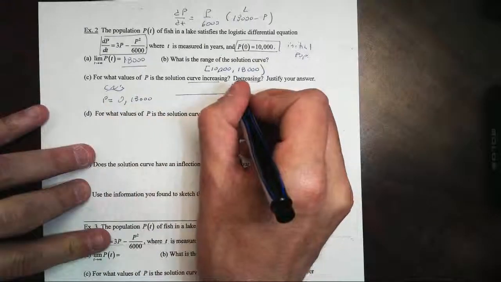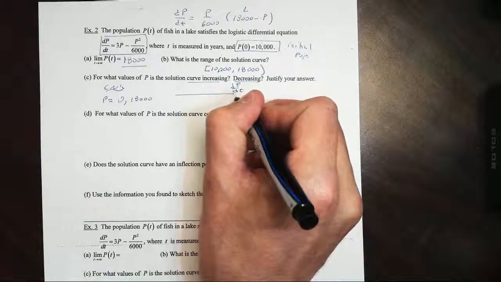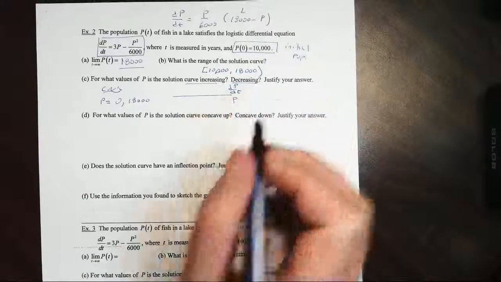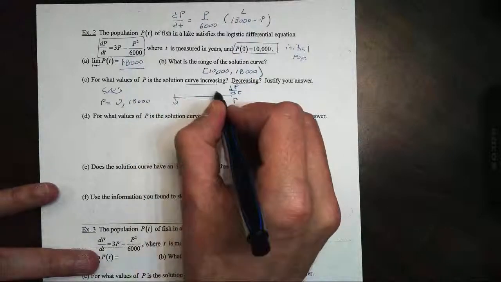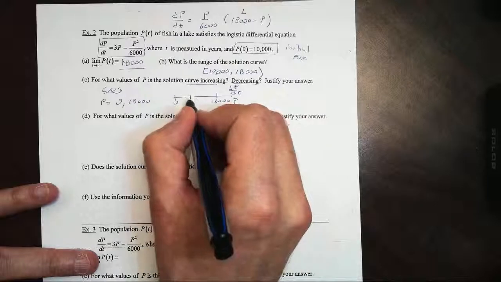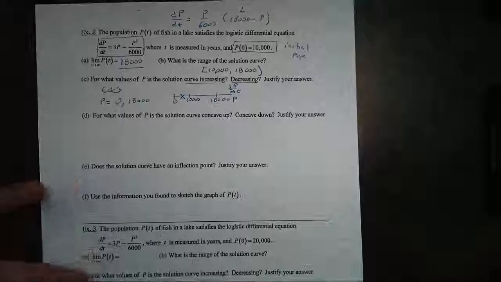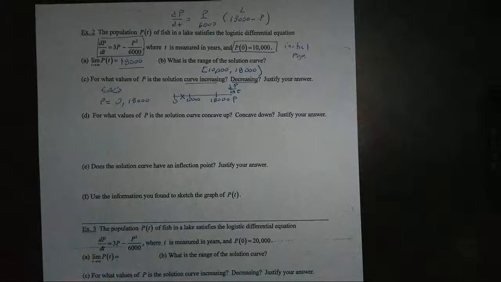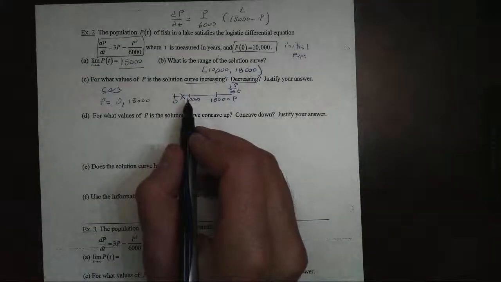So when I set up my first derivative test, dP/dt, and I plug in my numbers, remember 0, 18,000, but this time I'm starting at 10,000. I don't want anything in between 0 and 10,000. I already know what's going to happen there. Nothing, because I'm starting with 10,000 fish.